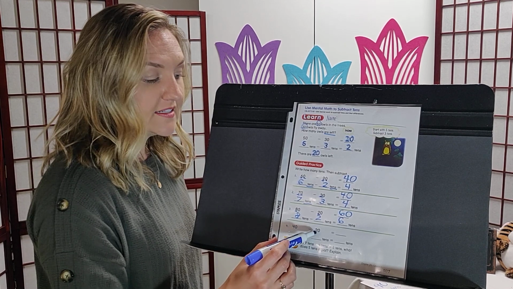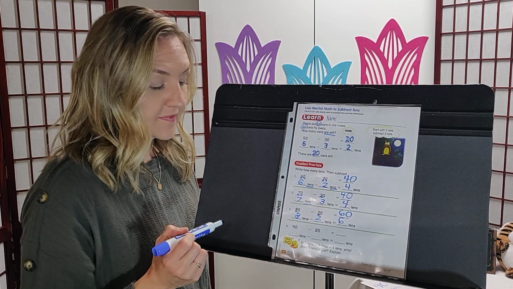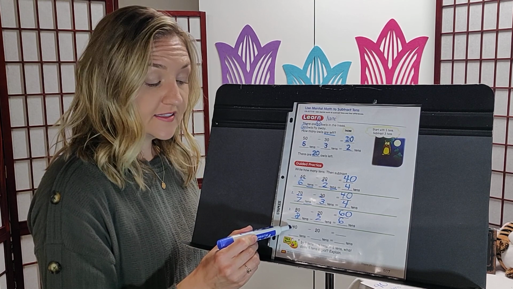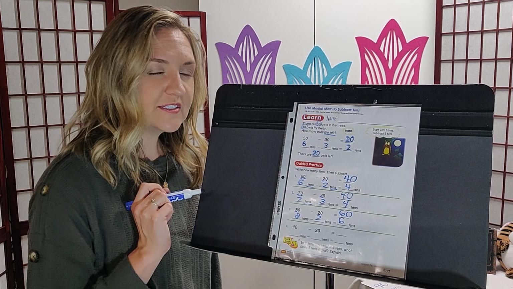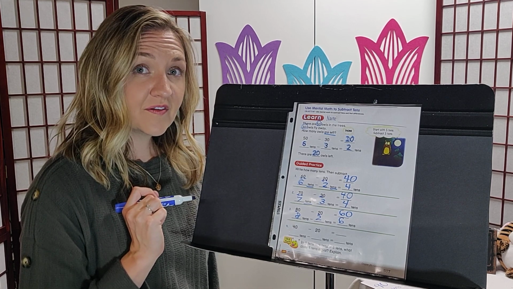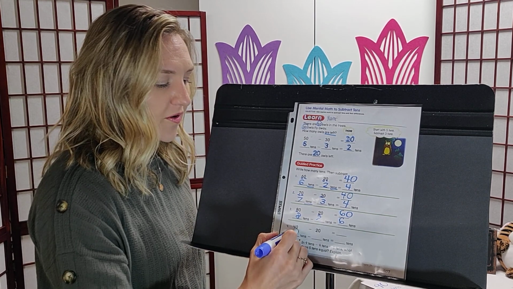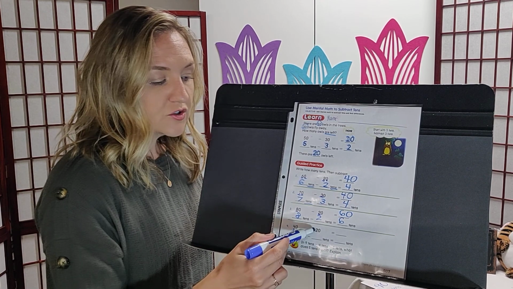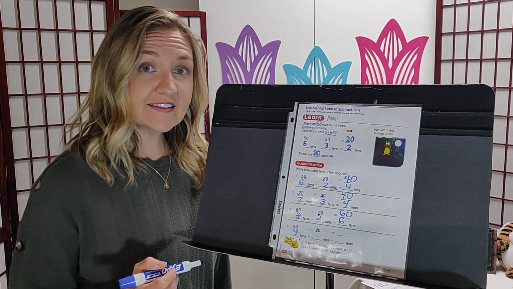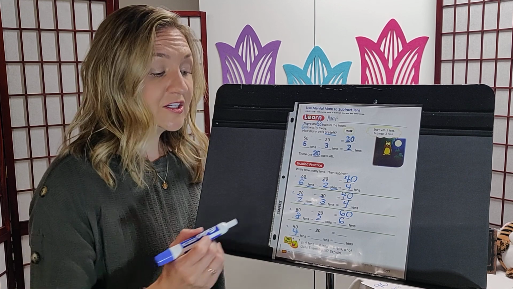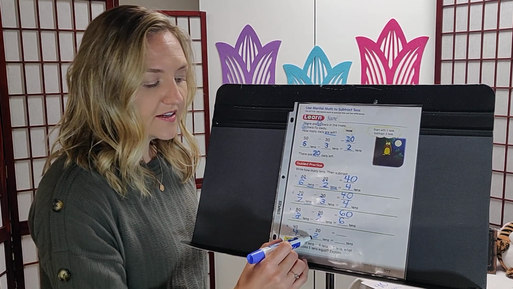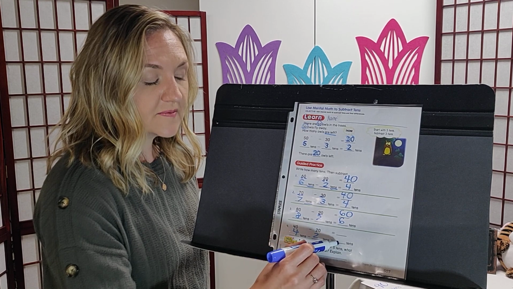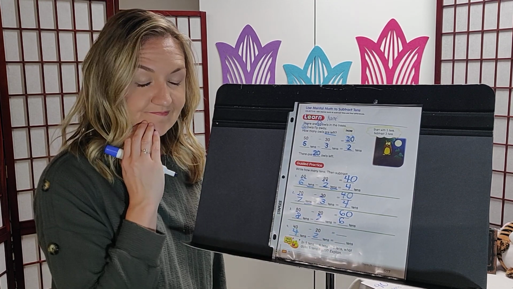40 minus 20 is equal to, let's take a look at 40. 40 is how many groups of tens? Look in your tens place value. It's 4. 20 is how many groups of tens? 2 groups of tens. 4 tens minus 2 tens equals tens.